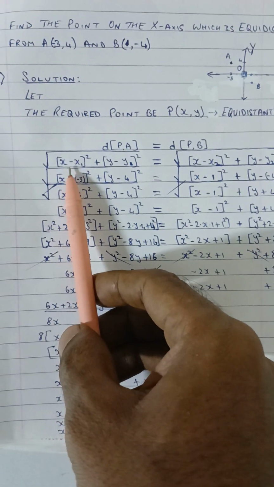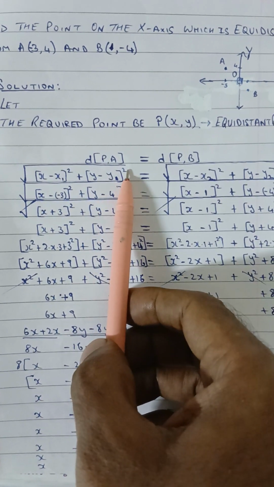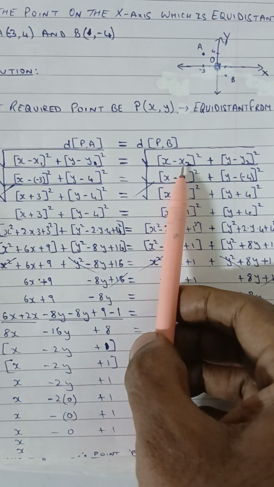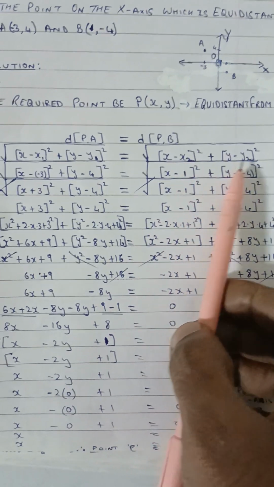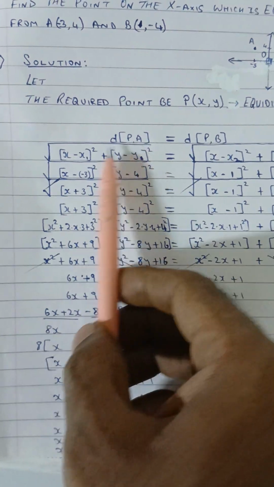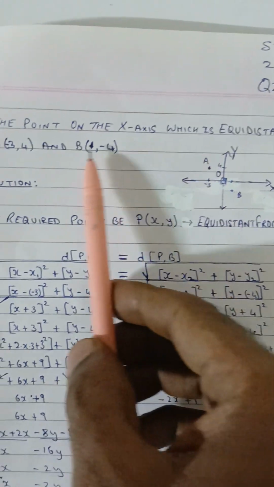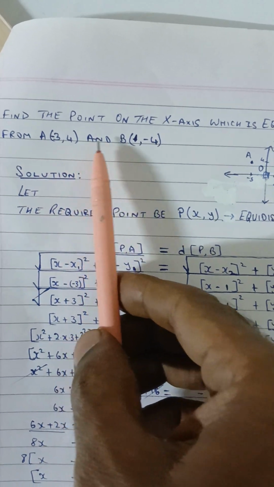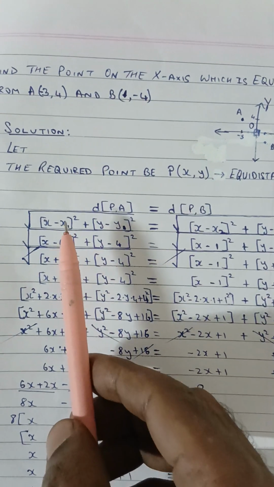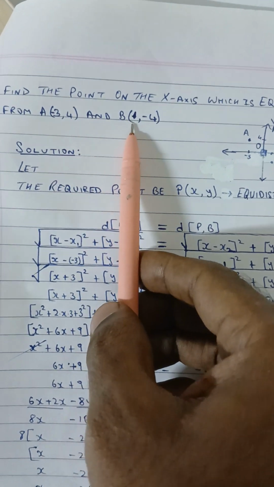Put the values: x minus x1 the whole square plus y minus y1 the whole square, and here x minus x2 the whole square plus y minus y2 the whole square, and both are in square root. Distance PA is this. Now putting the values over here, the value for A is minus 3, 4 and B is 1, minus 4. So this is x1, y1, x2, y2.